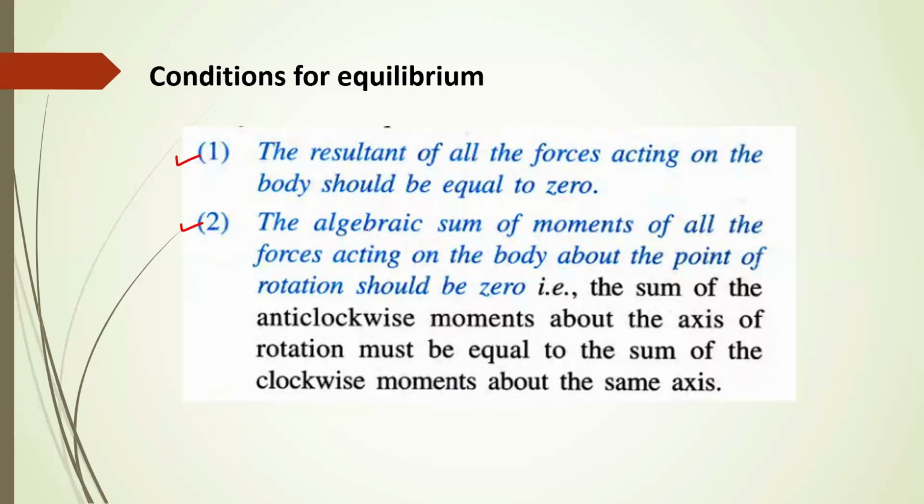So the algebraic sum of moments of all the forces on that body about a particular point should be zero. So the sum of anti-clockwise moments equals the sum of clockwise moments about the same axis. These are the two conditions to be met for the body to be in equilibrium, whether static or dynamic.